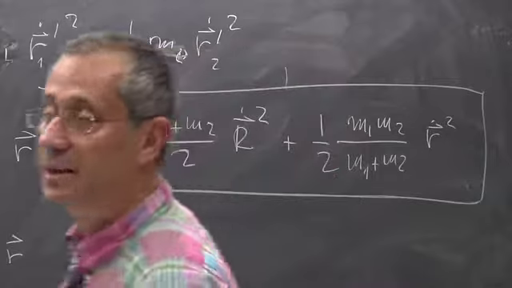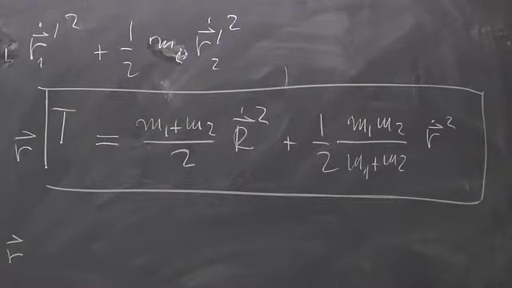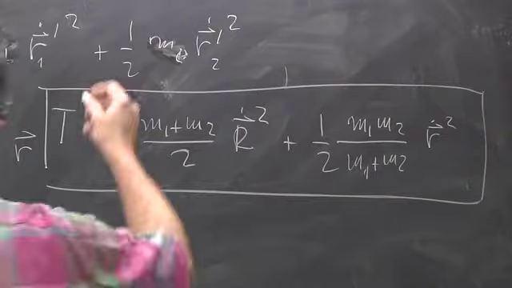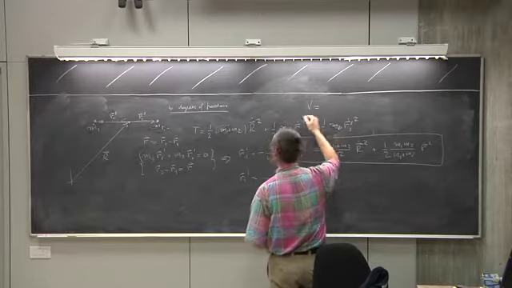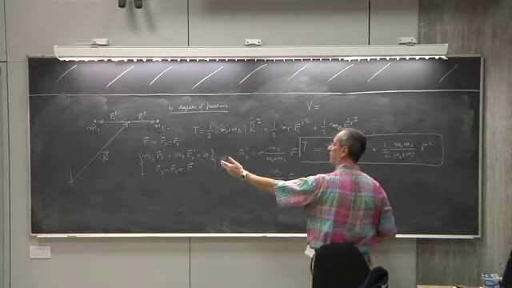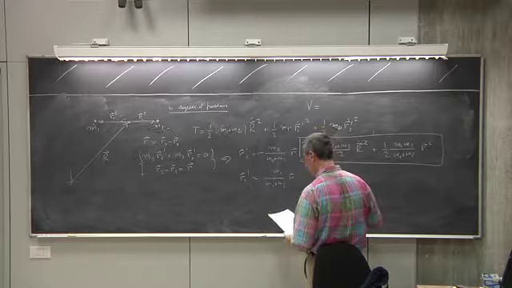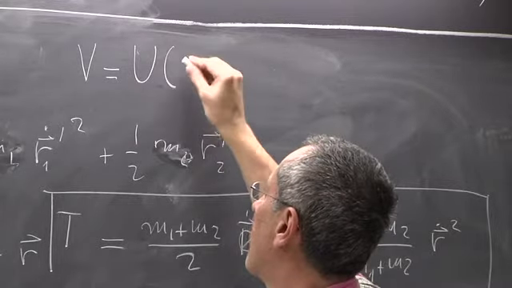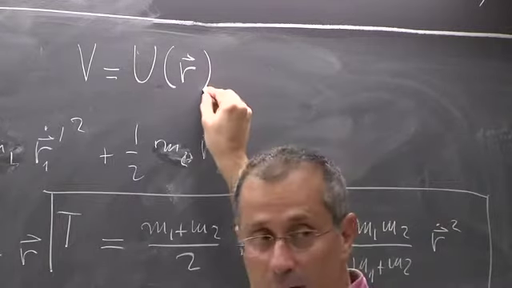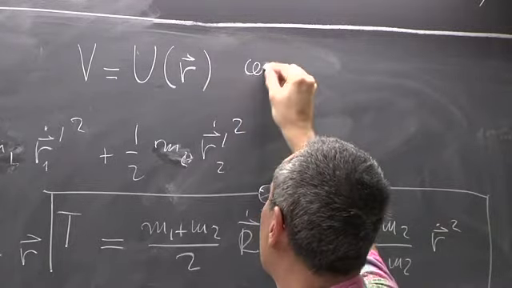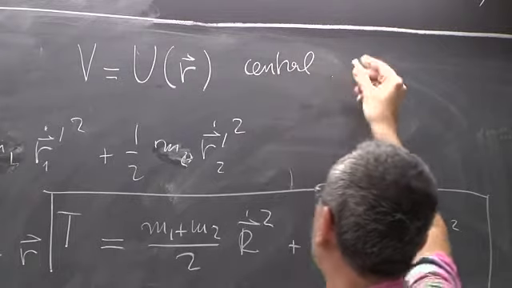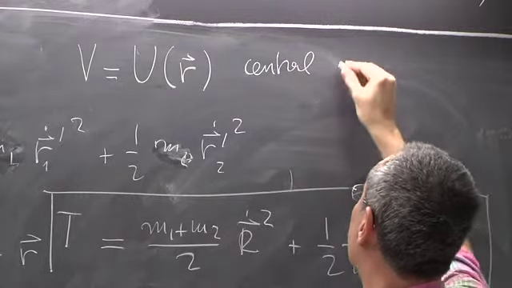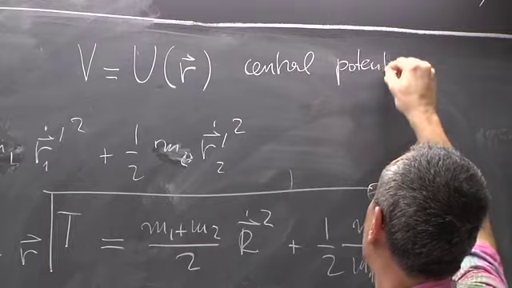And as I said, I'm thinking that the force is a central force. That means the potential that I have to write before I can write the Lagrangian is going to depend only on little r, by definition of a central force, and so by extension, the central potential.